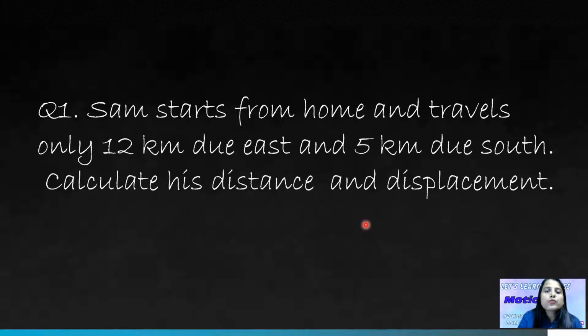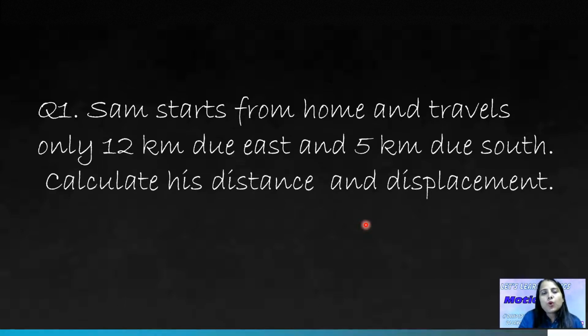Now let's move on to some of the practical sums which you are going to face. Now let us consider the first question here. Sam starts from home and travels 12 kilometers due east and 5 kilometers due south. Calculate his distance and displacement.